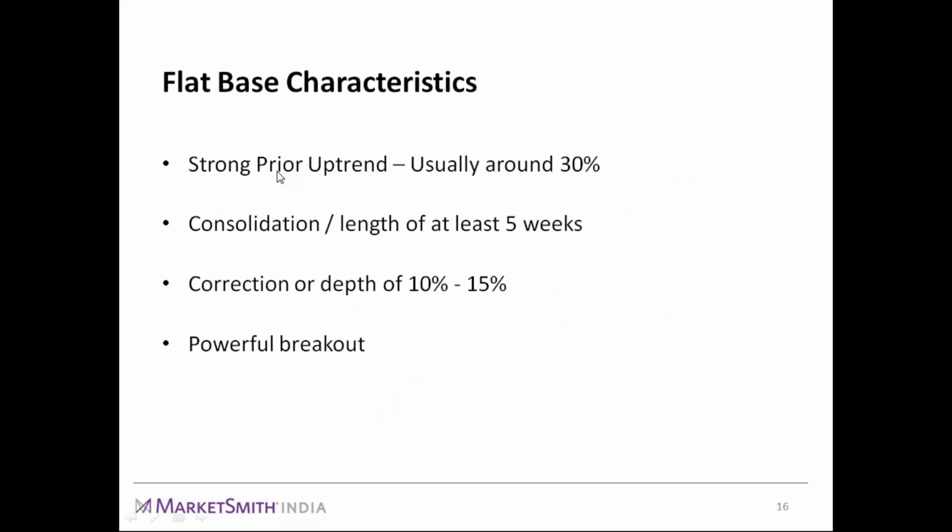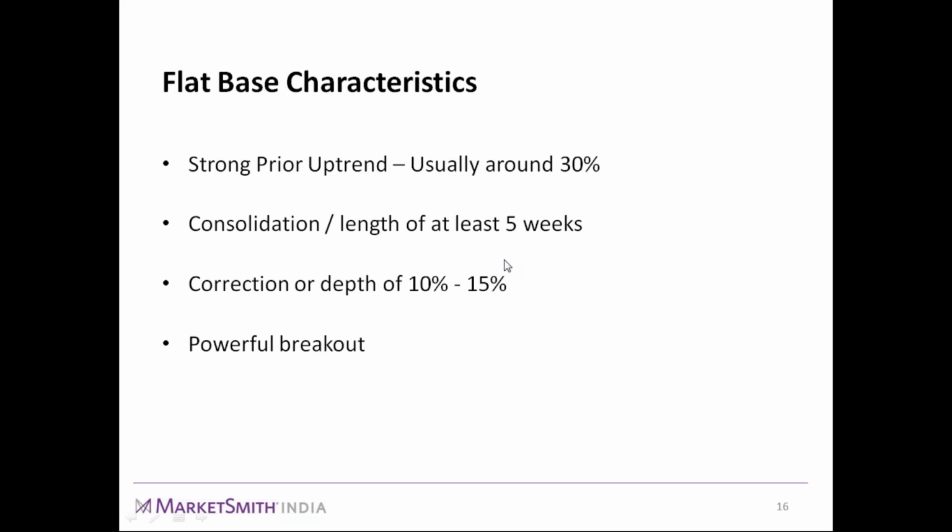So the characteristics of this flat base would be, as in the previous patterns, a prior uptrend of usually around 30 percent. For the flat base pattern, the length of the pattern can be even something like 5 weeks, compared to the 7 to 8 weeks required in a double bottom or a cup with handle pattern.